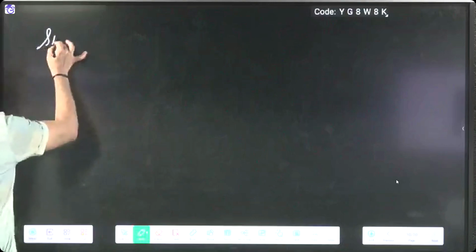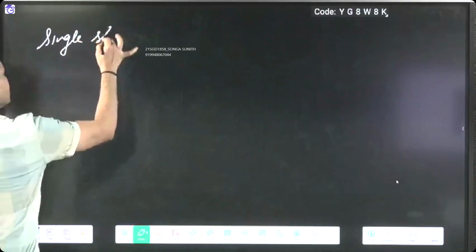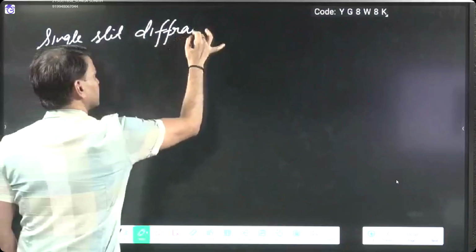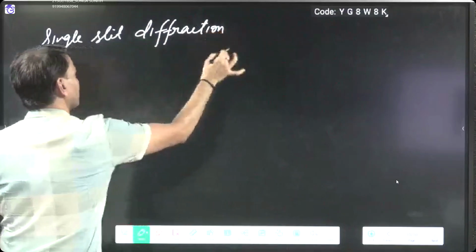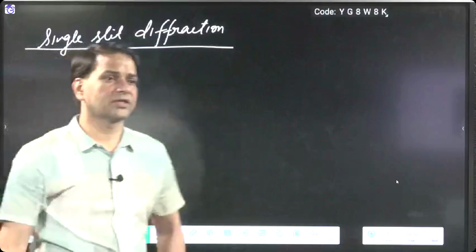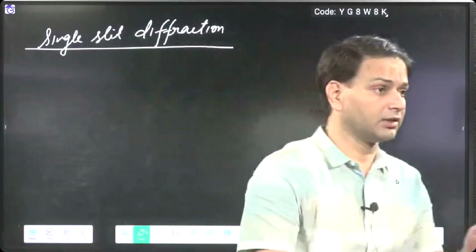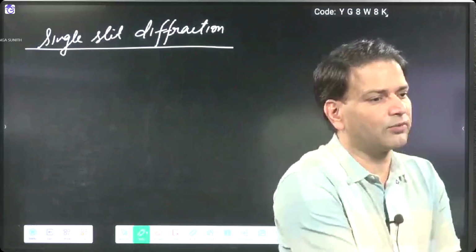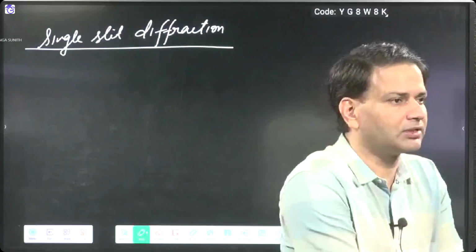Now single slit diffraction. First, what is diffraction? Diffraction is basically the spreading of light from a small opening or around a small obstacle.